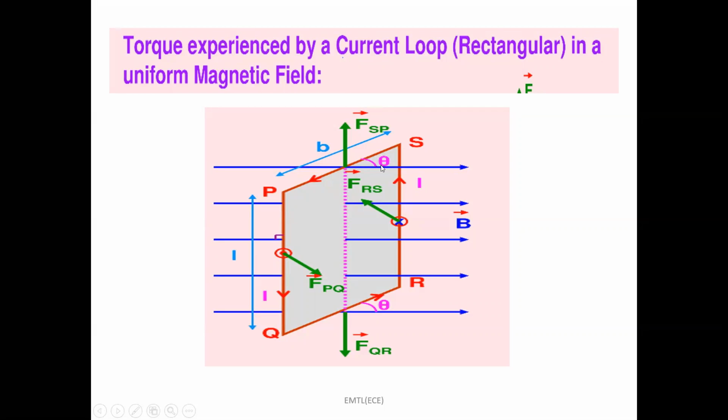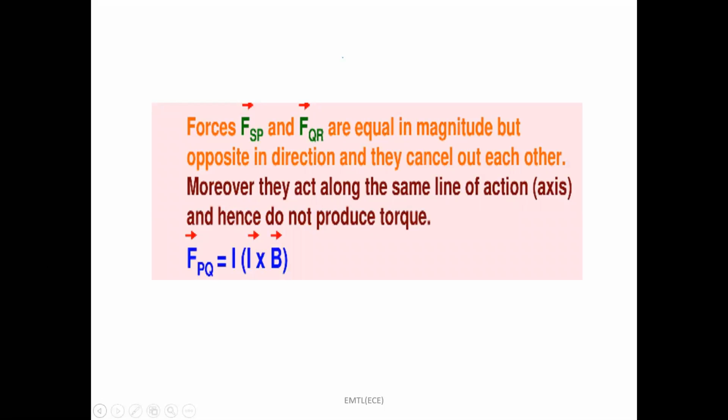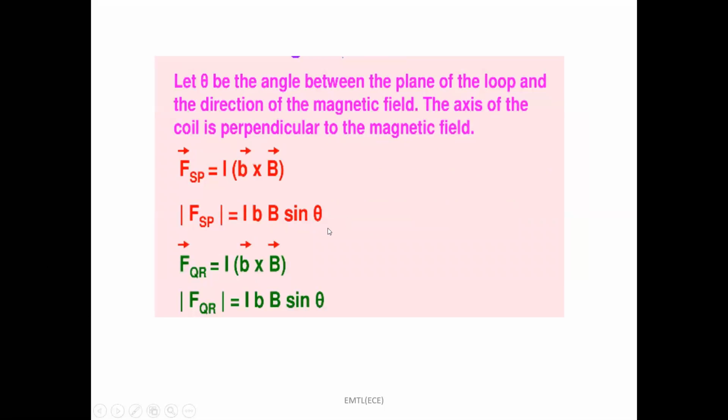This is the loop, so the angle between the loop and the magnetic field. According to magnetic force, F is equal to I B cross B. Here I is current and B is the width of the rectangular loop. B cross B is taken as BB sin theta.